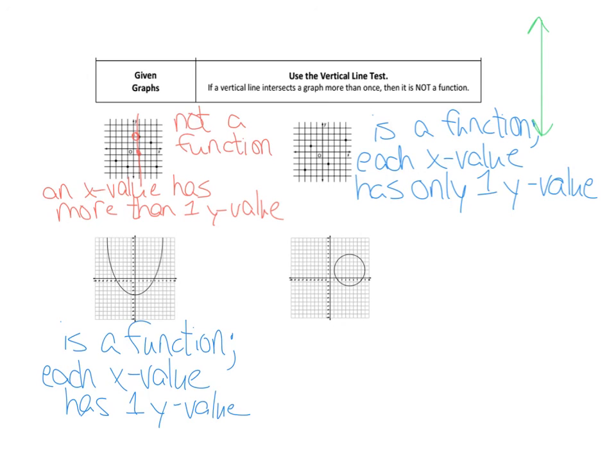Okay? What about this circle over here? Is it a function? If I draw a vertical line anywhere through the graph, will it intersect it more than once? Lots of places, right? How many places does it have to fail the vertical line test? Only one. Once we find a vertical line that intersects the graph twice, it fails. This x value has two y values.